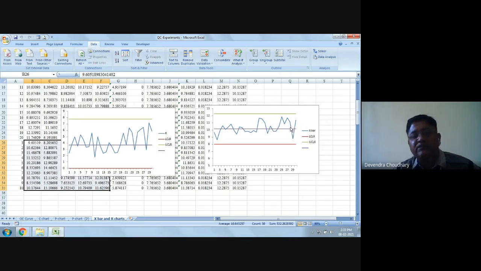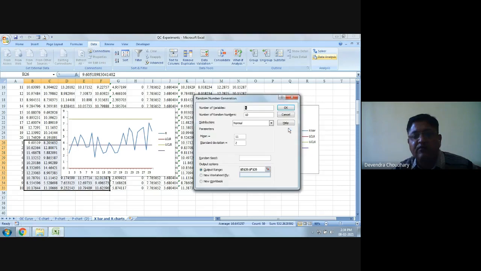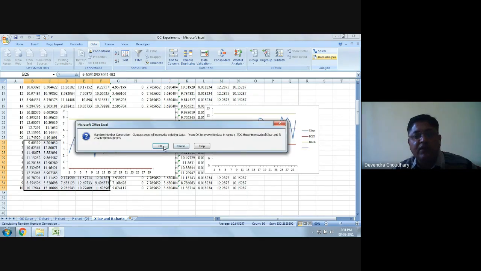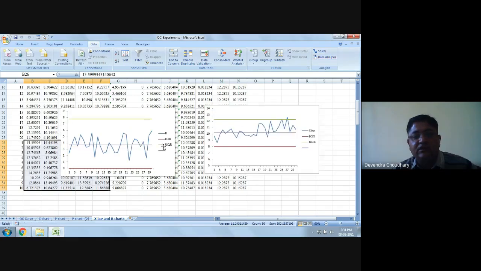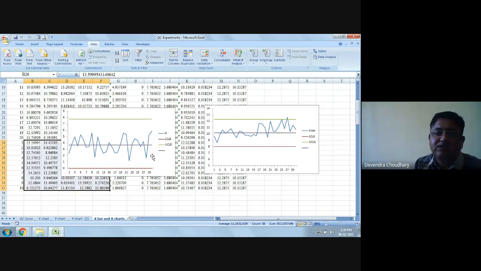And since the mean has shifted, most of the points will fall near to or beyond the upper control limit. You can again perform an experiment for the same setting. You will see, yeah, this is the situation, right?